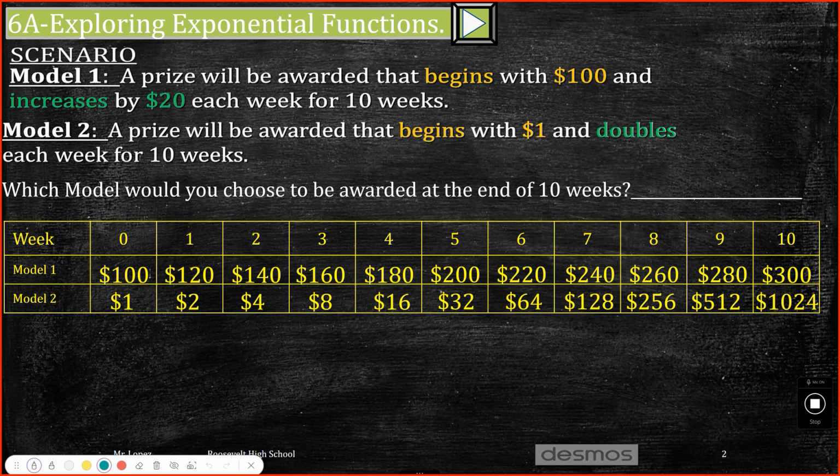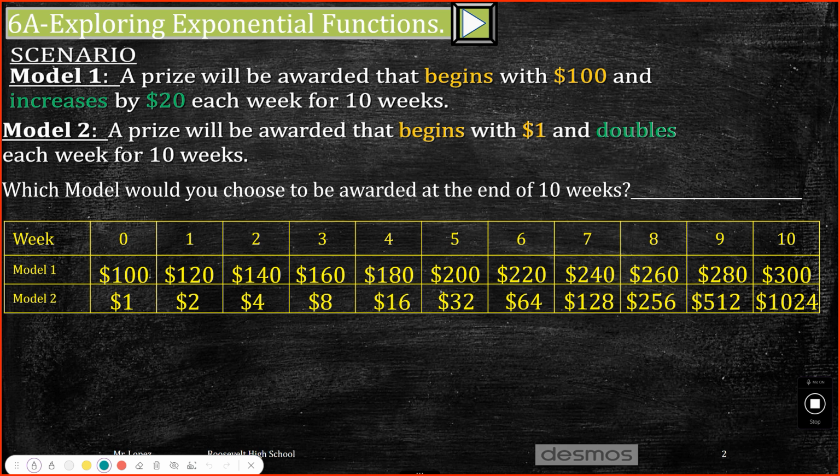So you can see that eventually model 2 would absolutely crush model 1. What is that? 2048, 4096, 8192. It's going to go big.